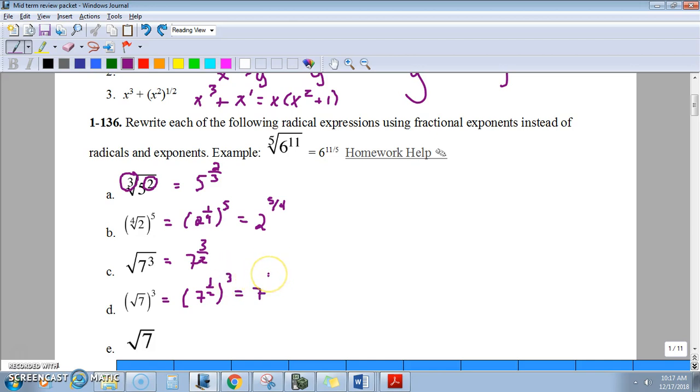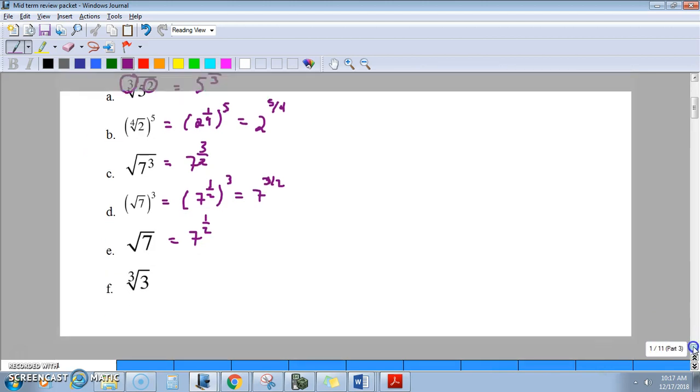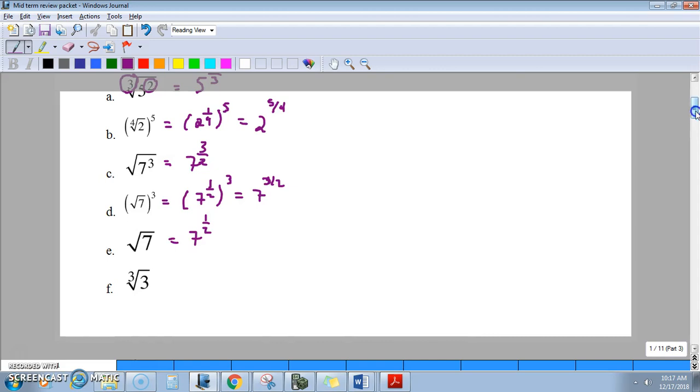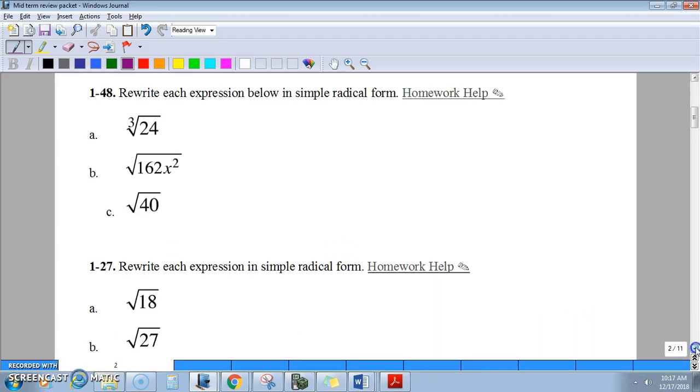It's just hard for me to write this nicely. Mr. Writer had much better handwriting than I did. And this is just 7 to the 1/2 power. So make a note of that so you can use that on your test. I think I can keep going. Then this is going to be 3 to the 1/3 power. Okay. That was quick and easy.